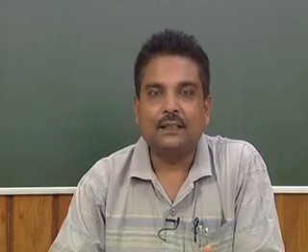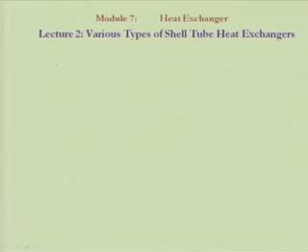So, to continue with what we discussed in the last lecture, in today's lecture, first we will start with a single shell and tube heat exchanger, and then we will see the different types of shell and tube heat exchangers possible.